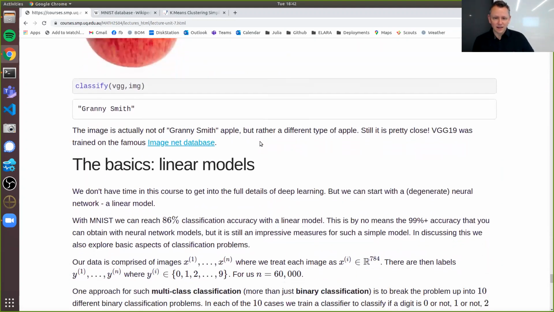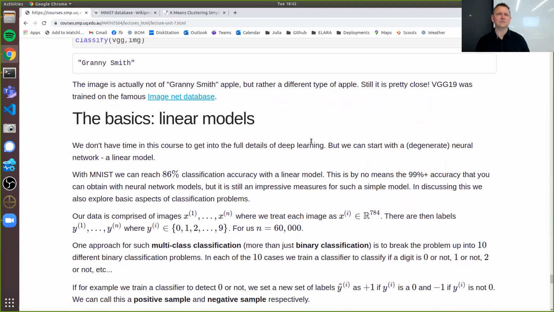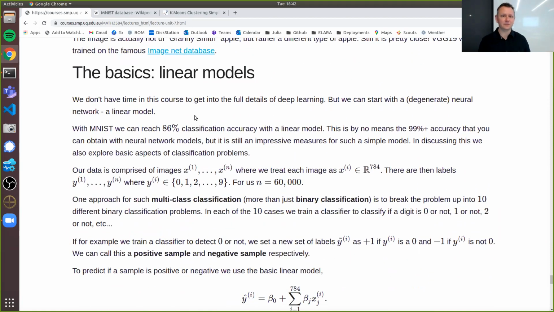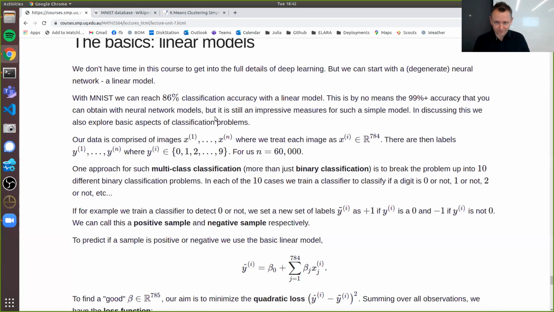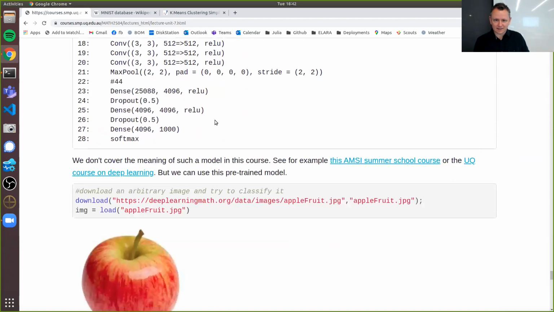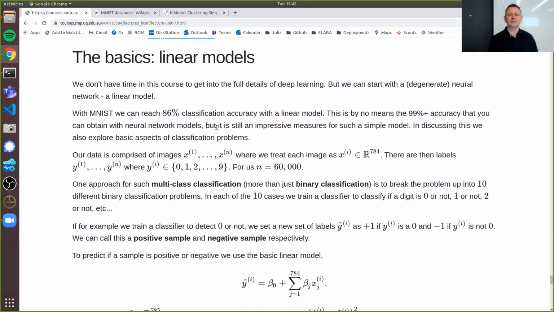Here's another data set, the ImageNet data set, which basically has a bunch of strings and a bunch of images, a string describing the thing like apple. So that's a very complex, deep model, but a more simple one is a linear model.